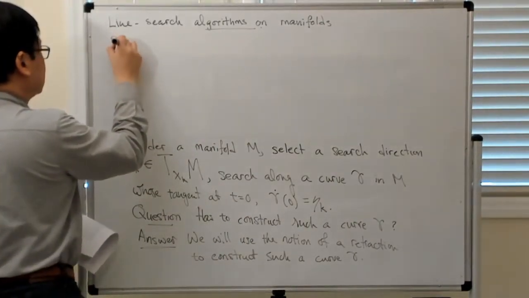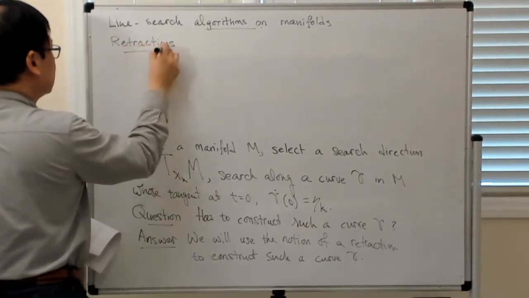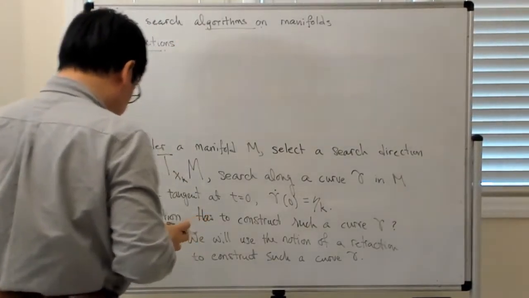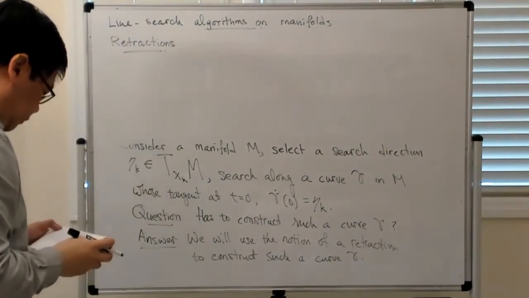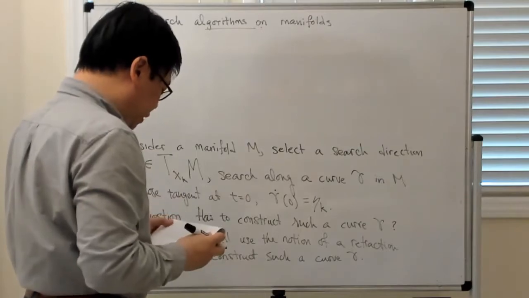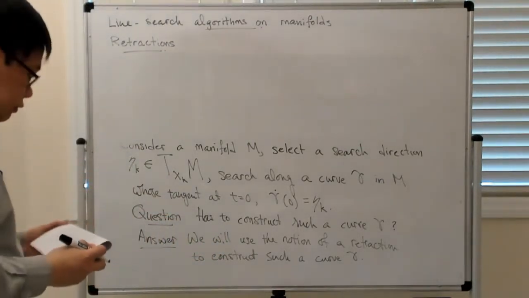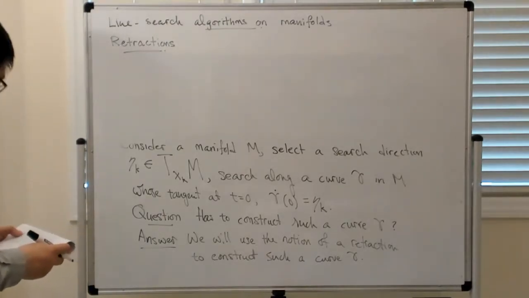So let's talk about retractions. Before we do that, let me perhaps say how one might choose, for example, search directions in line search algorithms.